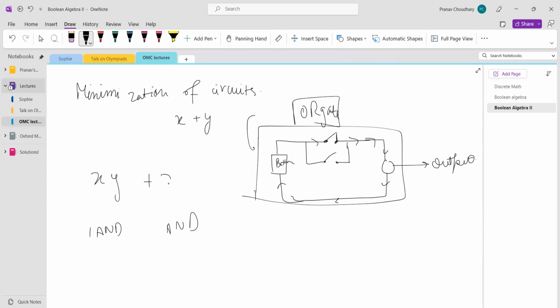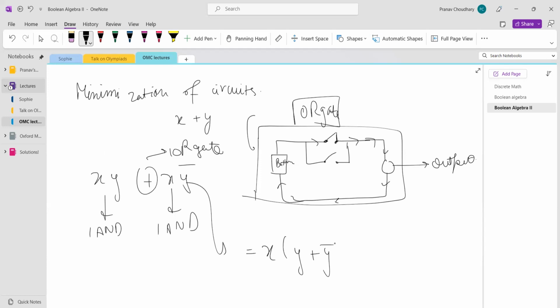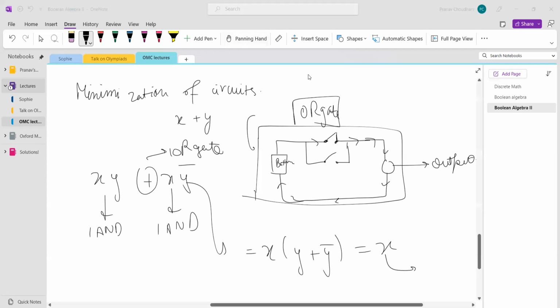I'll consider XY plus XY conjugate. So I have to consider one AND gate for this and one AND gate for this, and one OR gate to combine the sum of these two, right? But I can see that this is equal to x times (y plus y conjugate), which is just x. And I do not have to use any gate for this if I had just noticed this. So this is why you want to minimize the circuits, like write it in the least number of terms possible.